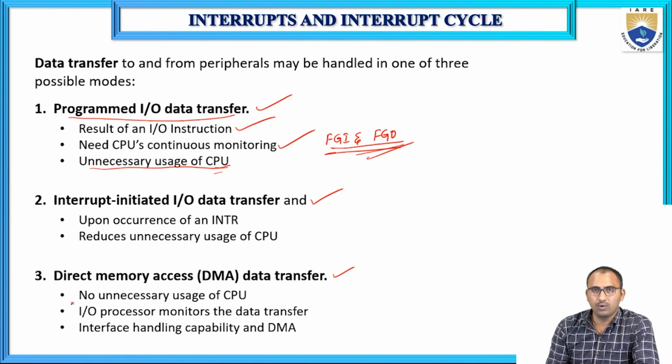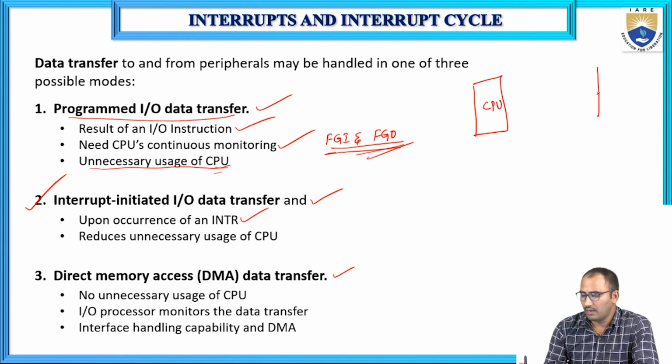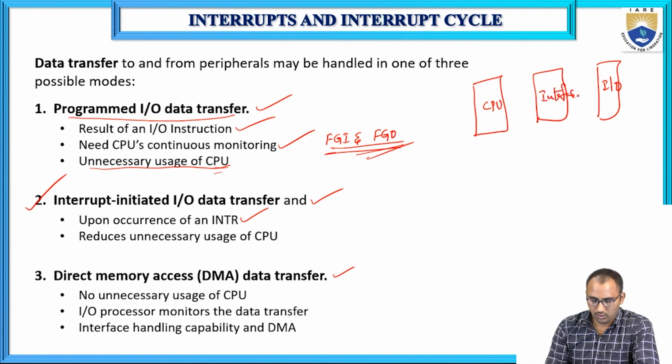In order to overcome the drawback, we go for the interrupt initiated IO data transfer. In this, the data transfer will occur upon the occurrence of an interrupt signal. So we have a CPU, we have an IO device, and in between we have an interface.